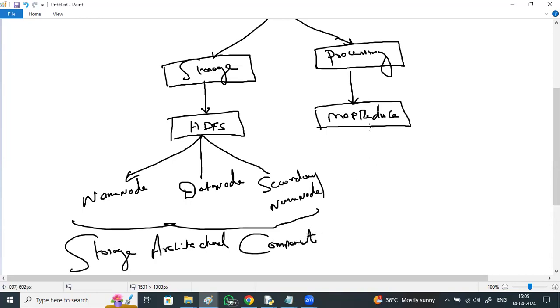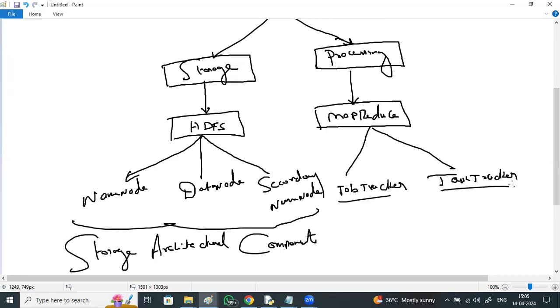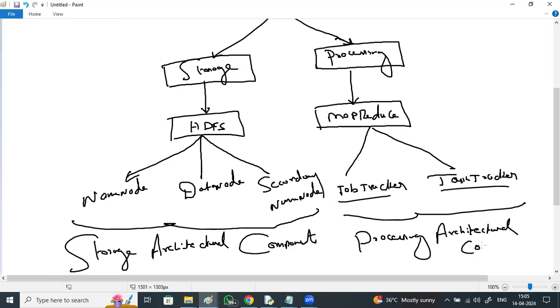For processing, we have got job tracker and task tracker. These are processing architectural components, right?